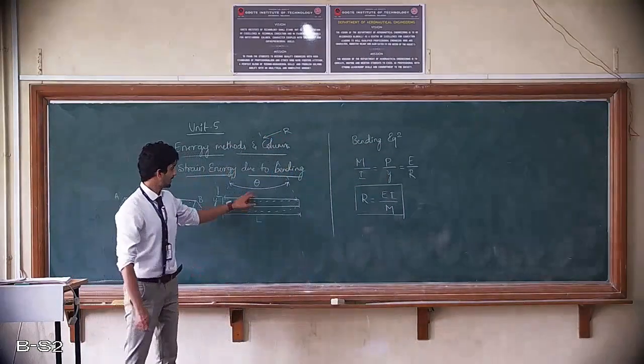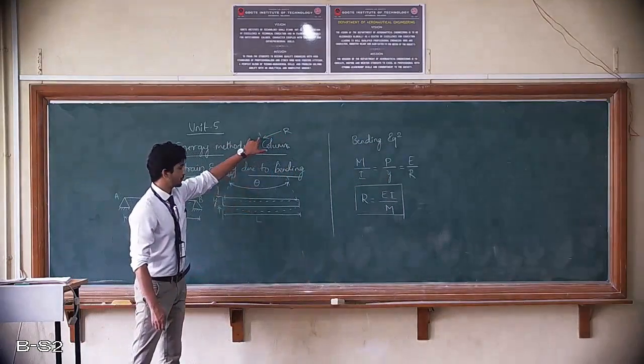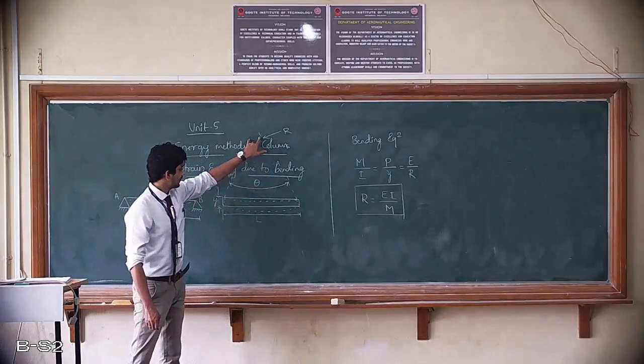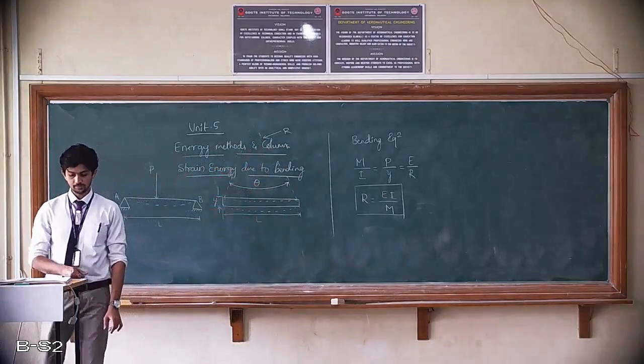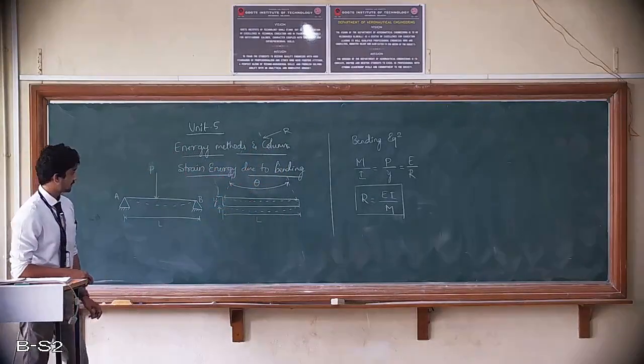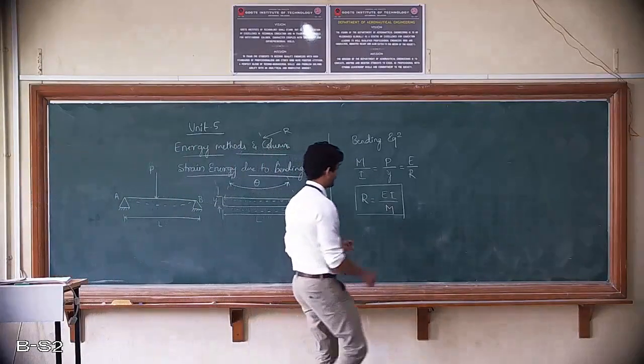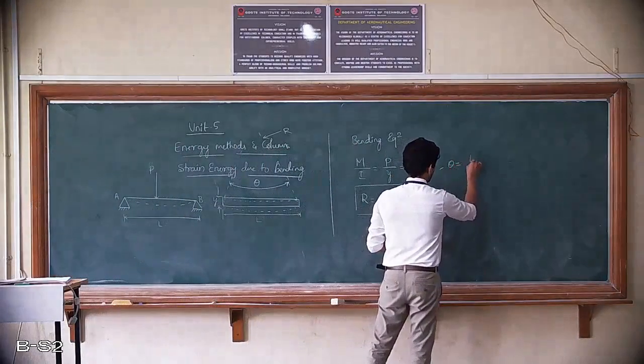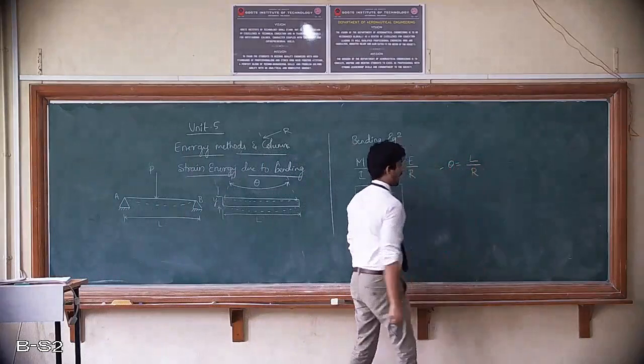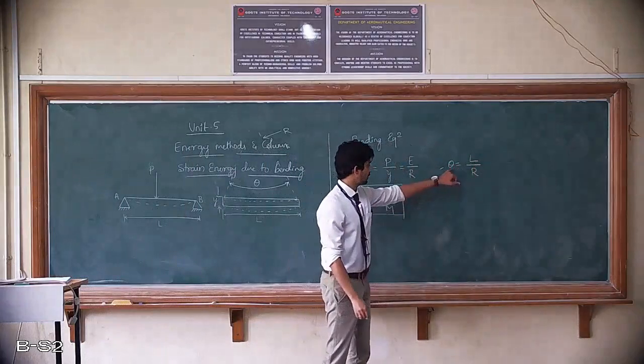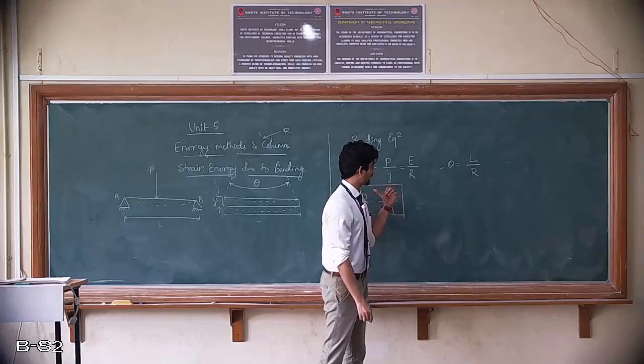Theta we are defining because the theta is going to be very small. L is nothing but the length of a beam, so theta is going to be L divided by r, because the angle will be very small for the application of a load.